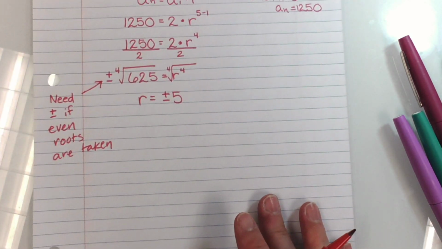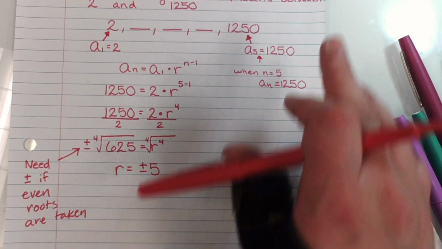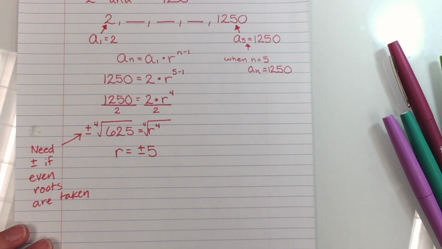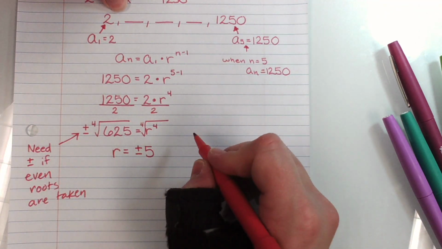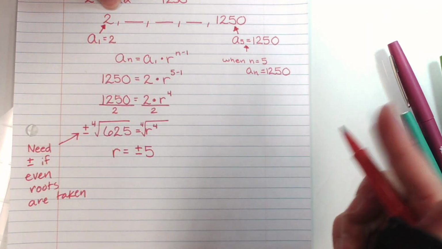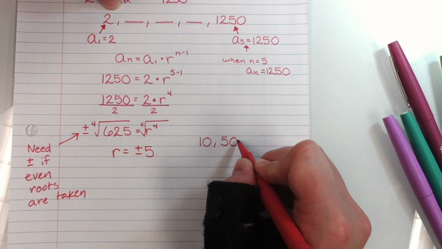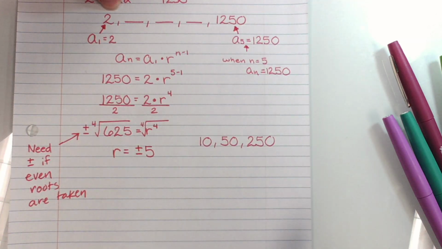Now keep in mind that R isn't actually what we're looking for. The thing we're looking for are those numbers that happen in the middle. 10, 50, 250. When R is a positive or a negative, you've got two options. If R was positive 5, after 2 would come 10, 50, 250, and then after that's 1250.